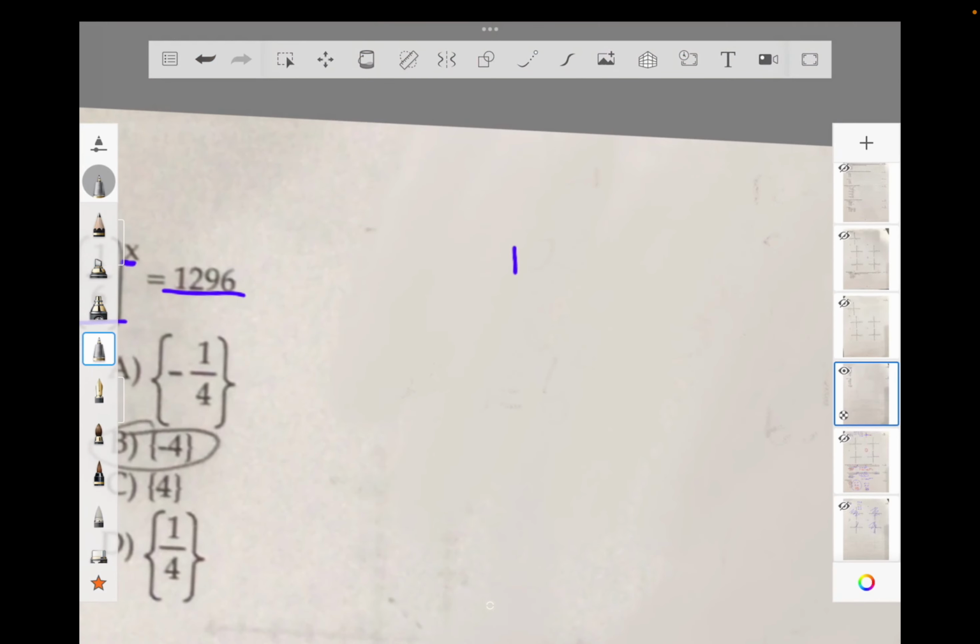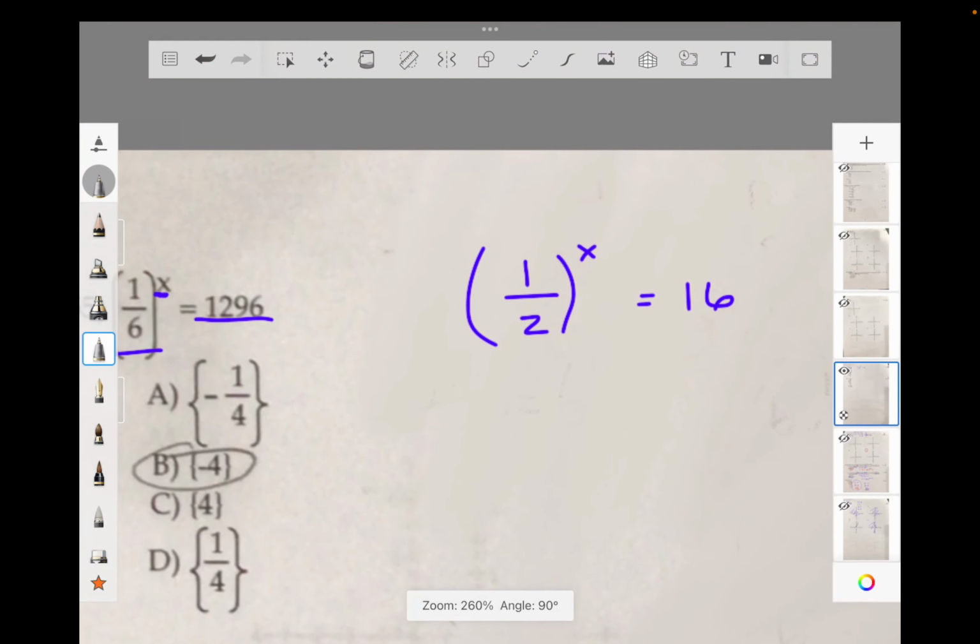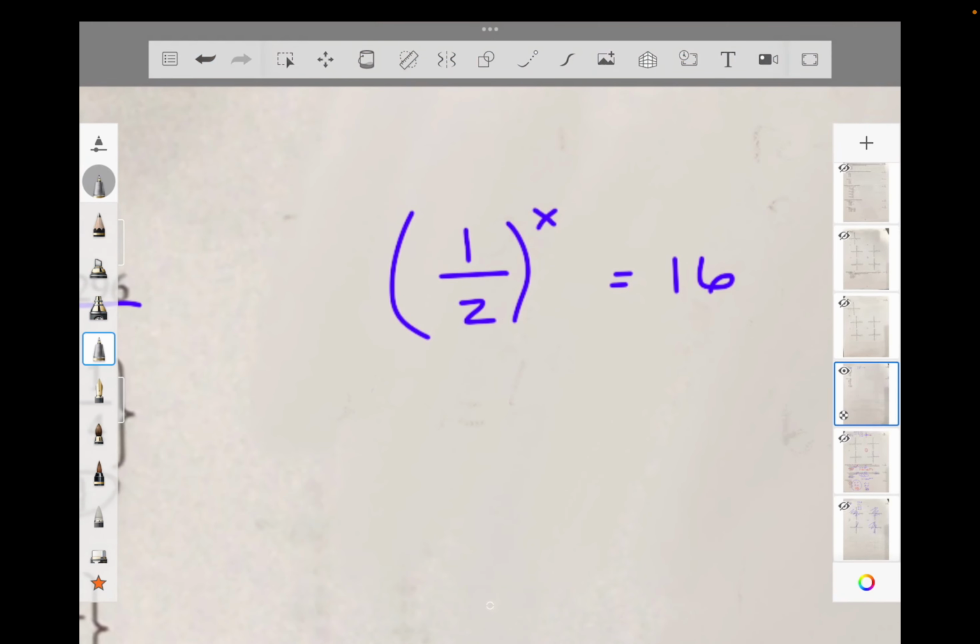So if I had 1/2, let me use this example again. This x has to be negative because we want this 2 to be on top. It has to be the opposite of 1 over 2, which is 2.